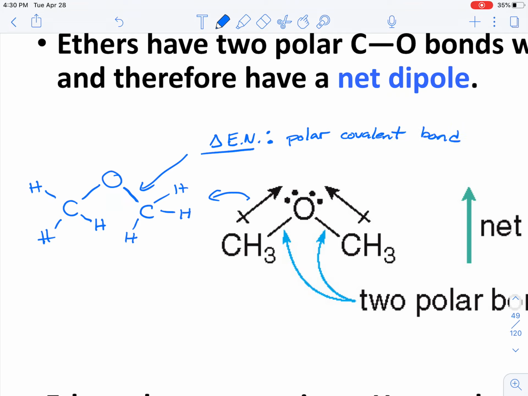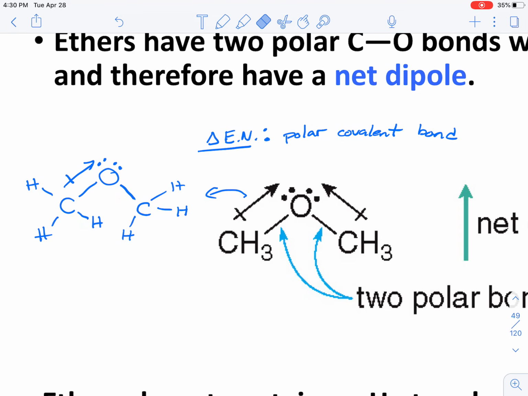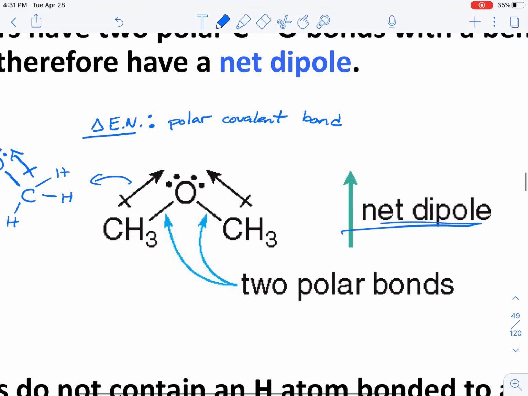And so what that means is that there's going to be a dipole moment pointing towards the most electronegative atom, which in this case is oxygen. And so we have 2 dipole moments. They're both pointing in the same direction. And so since they're pointing towards this side, if you will, there's going to be a net dipole.